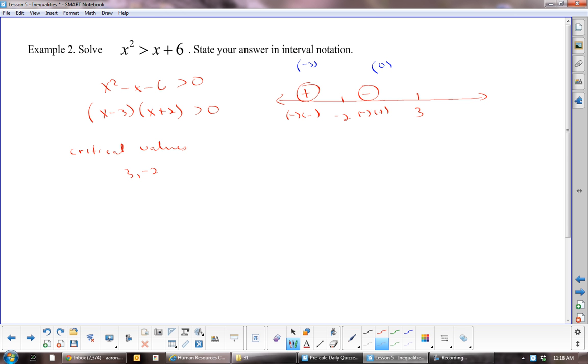Okay, why don't we pick 4 for our test value for anything greater than 3. 4 minus 3 gives me a positive. 4 plus 2 gives me a positive. So that gives me a positive.